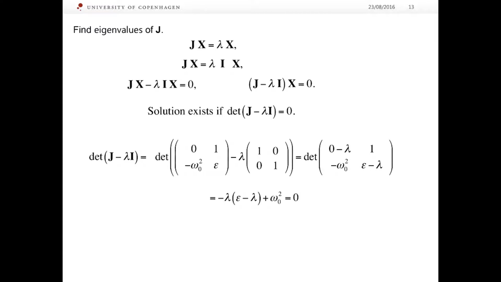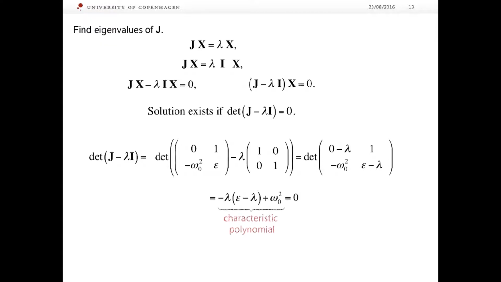Because we subtract a negative number, the resultant term will be equal to plus omega naught squared. And this has to be equal to 0.